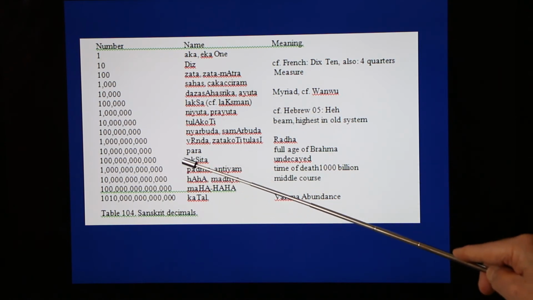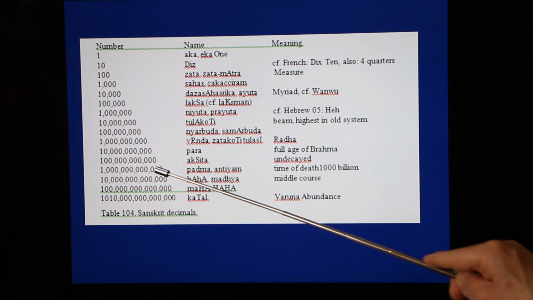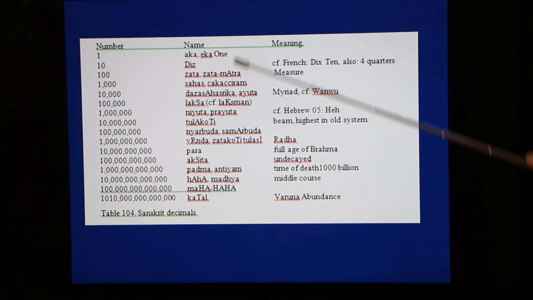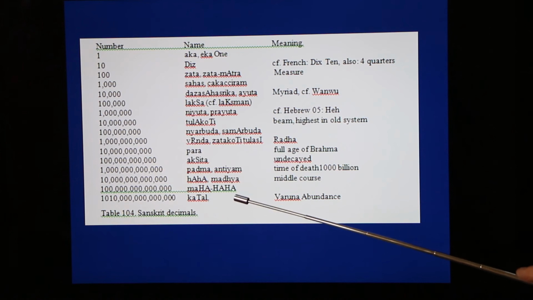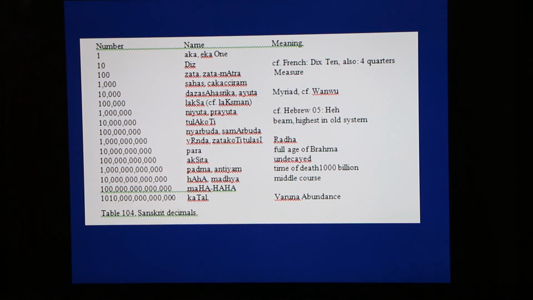And then para is 10 million, akshita is 100 million, and maha yaha is this enormous figure, and katal is this figure. So what's fascinating is, in Europe we say, oh yes, there's the decimal system. The decimal system was introduced by Simon Stevin in Holland in the 1580s.